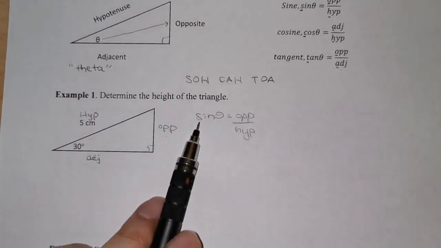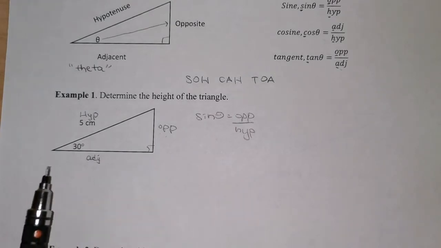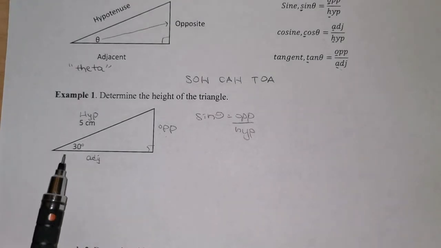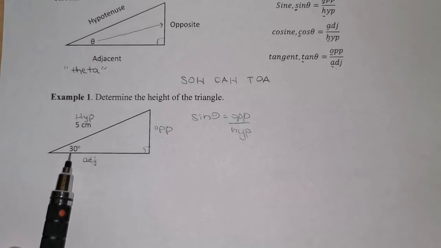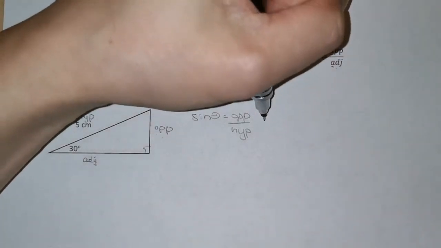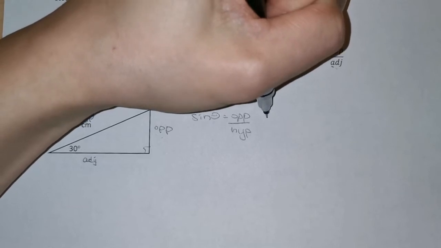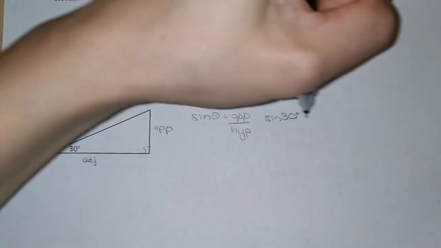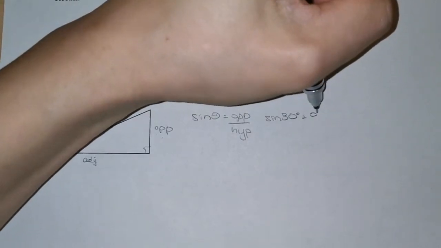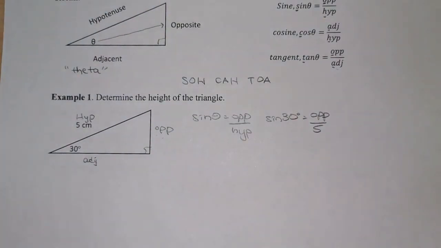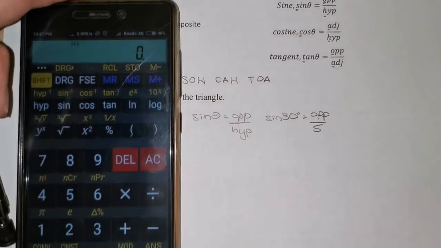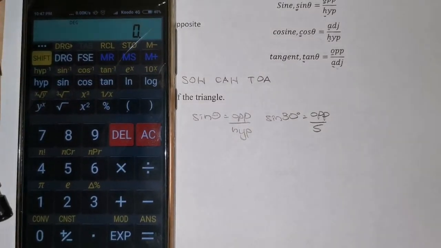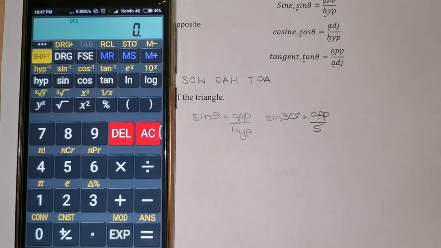Once we have the formula that we want, we can start inputting the information that we have. So our angle is 30, hypotenuse is 5. So we have here sine 30 is equal to the opposite divided by hypotenuse 5. Okay, the next thing to do, I'm going to show you in the calculator here. So this is just a scientific calculator app that I got, and it's called RealCalc.